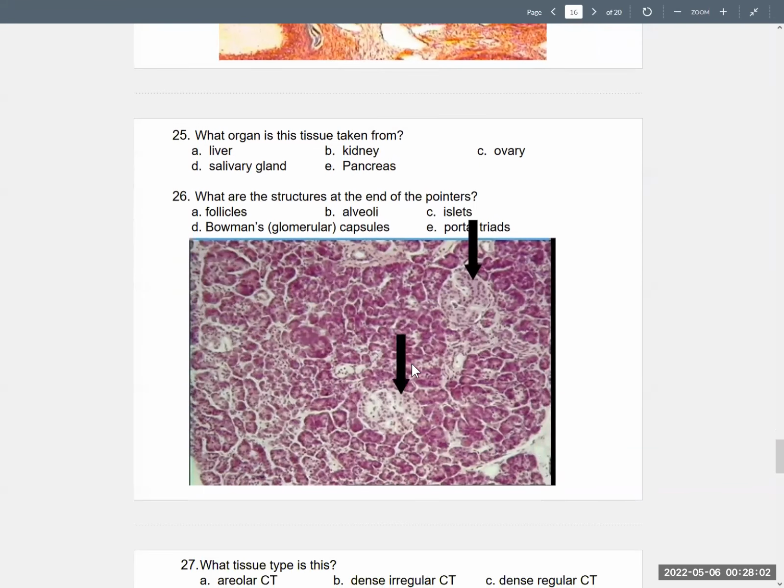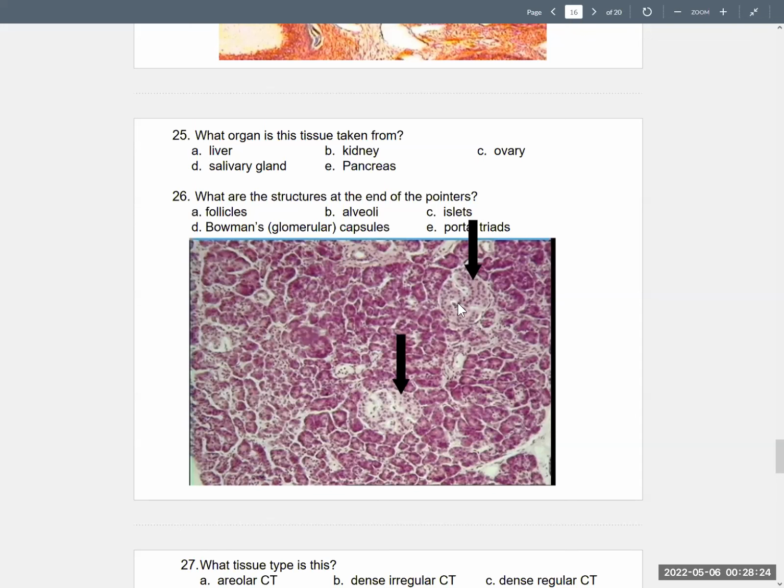25 and 26. This is a better picture than I was able to show you today. Okay, but everybody's got it. You had it for 2 weeks, and so does everybody else. What are the structures at the end of the pointers? I don't want to know the organ.